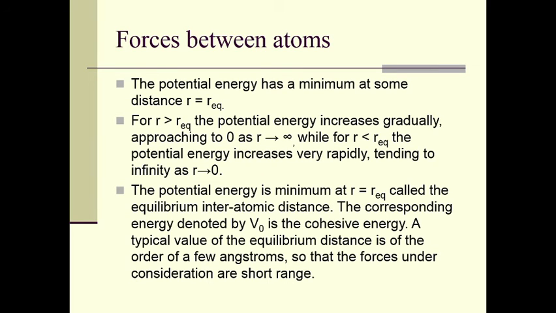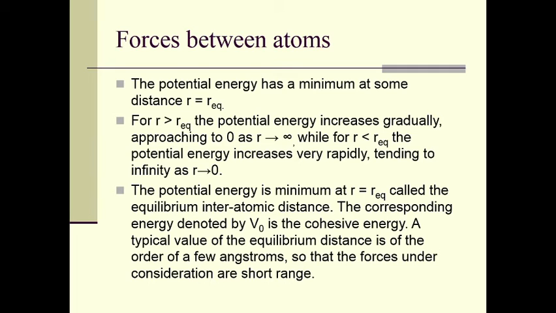The potential energy is minimum at the point r equal to r equilibrium, which is called the equilibrium interatomic distance. The corresponding energy denoted by V0 is the cohesive energy. So V0 is called the cohesive energy. A typical value of equilibrium distance is of the order of a few angstroms, right. 1 angstrom is 10 raised to minus 10 meter.